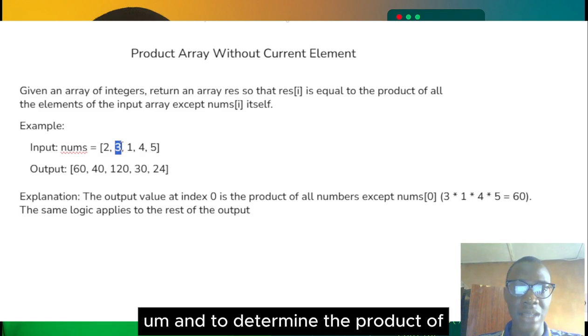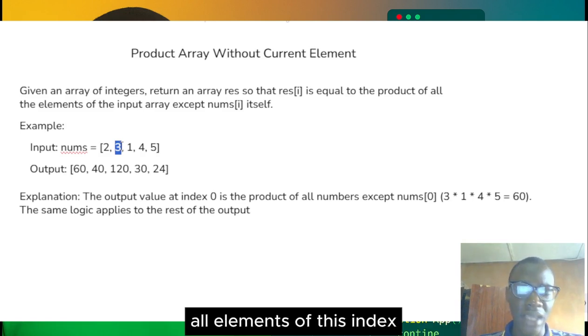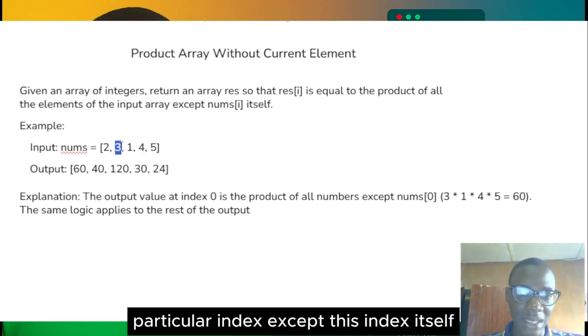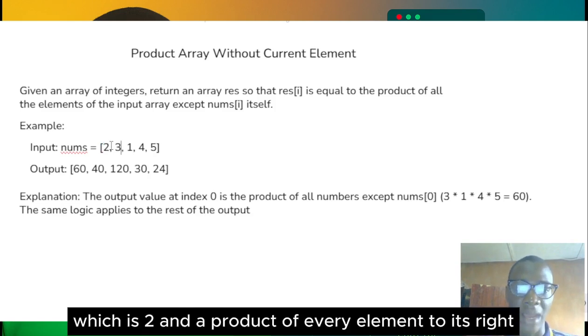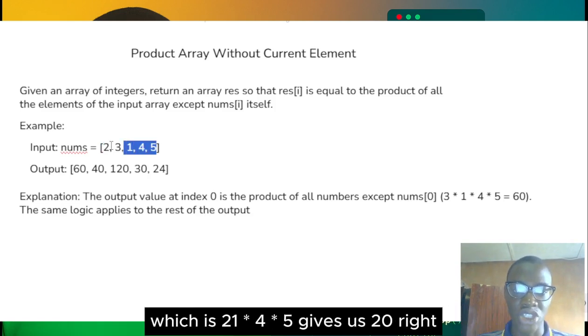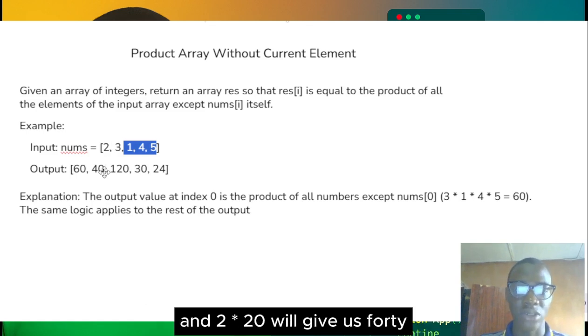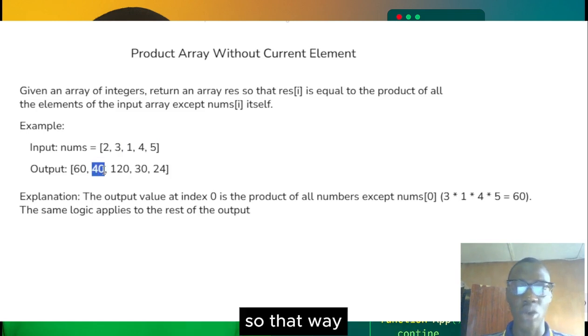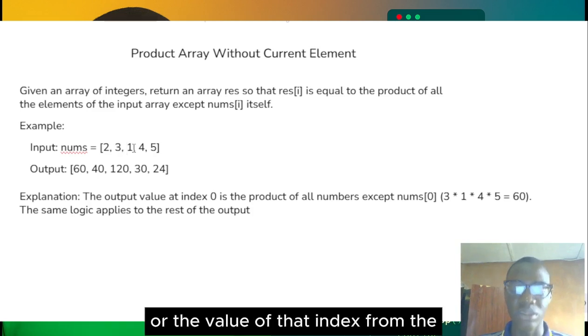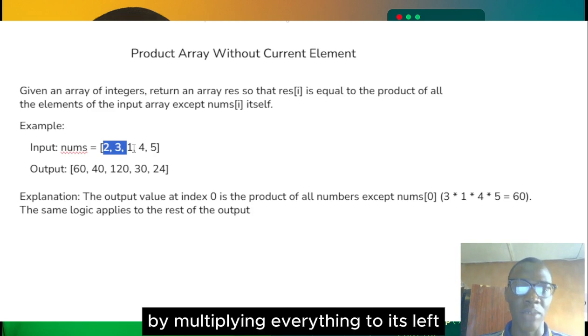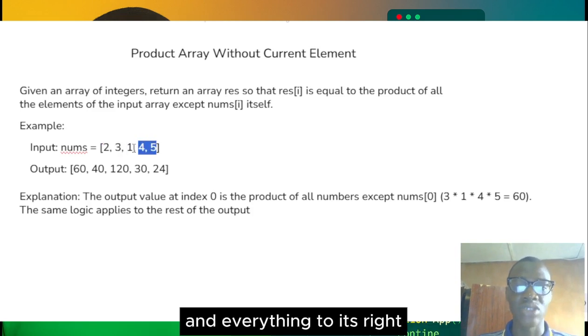To determine the product of all elements except this index itself, what we need is the product of every element to its left, which is 2, and the product of every element to its right, which is 20. 1 times 4 times 5 gives us 20, right? And 2 times 20 will give us the 40 that we are expecting. So that way we can efficiently remove the value at that index from the equation by multiplying everything to its left and everything to its right.